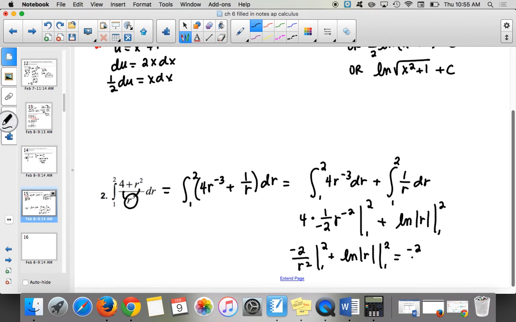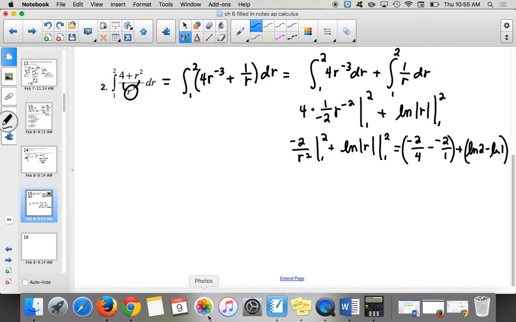So I get negative 2 over 4 minus negative 2 over 1, and then plus natural log of 2 minus natural log of 1. Natural log of 1 is 0, right? It is. So if you think about it, why is natural log of 1 0? Well, what if I had divided natural log of 2 over 1? Isn't that still just natural log of 2? Right, natural log of 1 is 0.